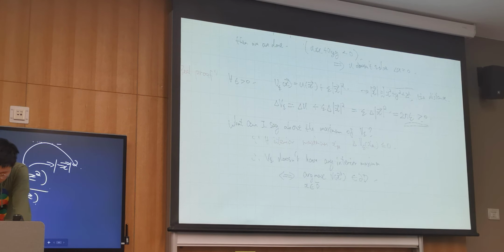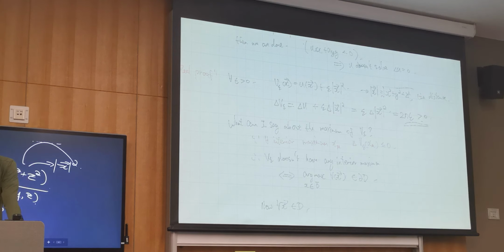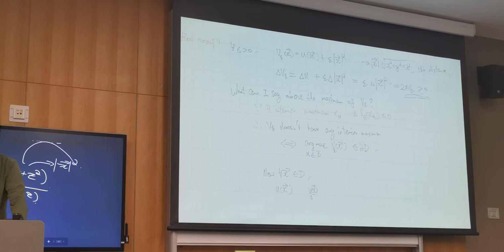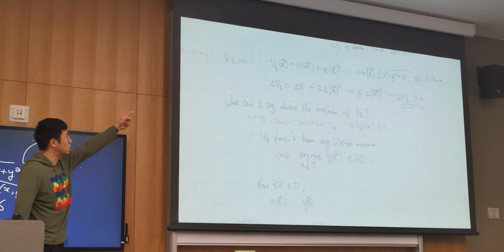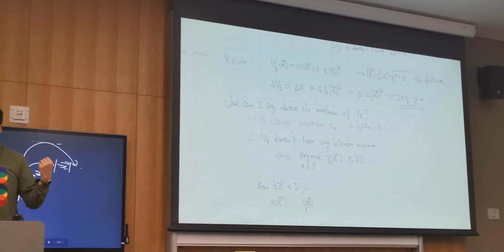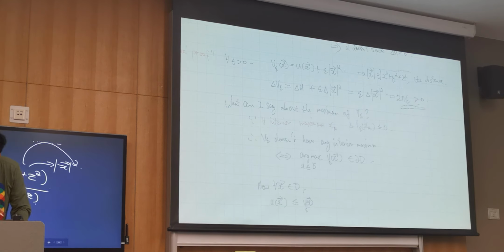So now let's say for any x that belongs to D, first of all, what can I say between u(x) and v epsilon(x) according to the definition of v epsilon? My u(x) is always smaller or equal to v epsilon(x), right? So that's okay.